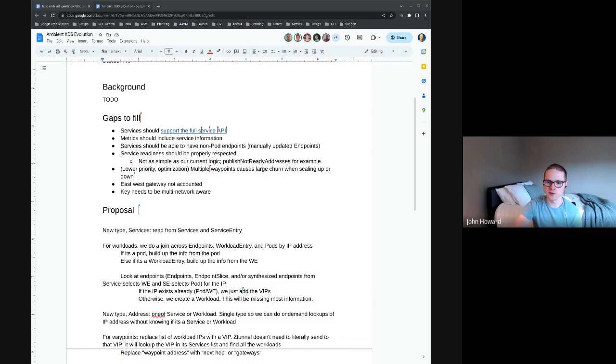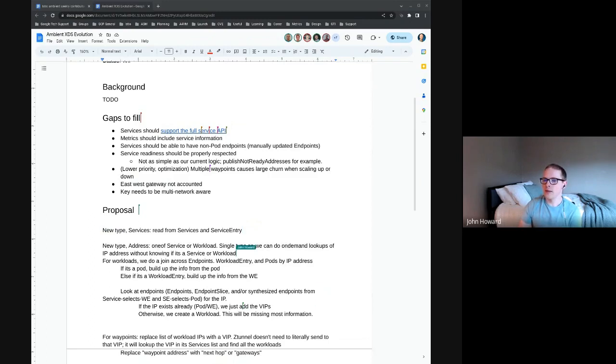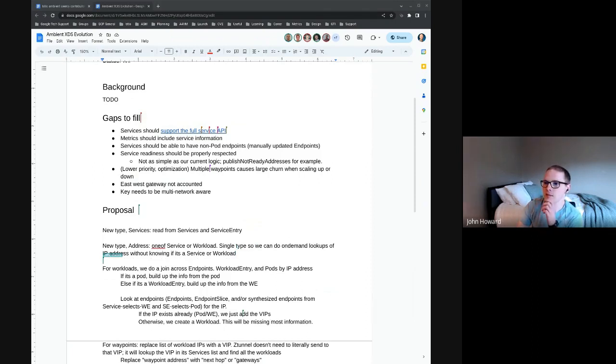In the future, it would also have things like whether this is cross mesh or cluster local or session affinity or not, or whatever settings we need to fulfill this full service API requirement. Since we don't actually implement those in ztunnel, that'd probably be deferred. And we can continue adding fields as we need to, get through all the aspects. I do have a proto here. Let me just copy it in real quick.